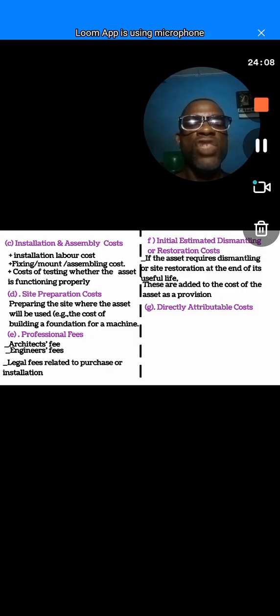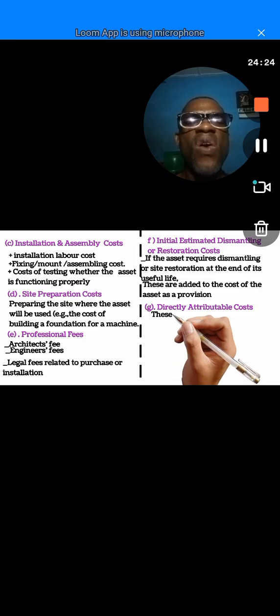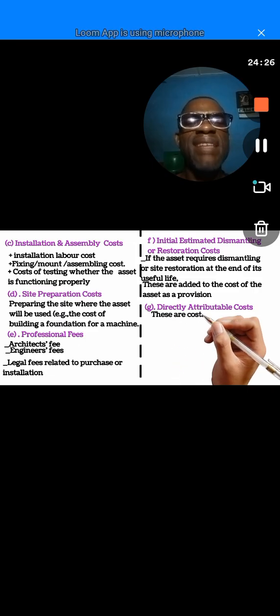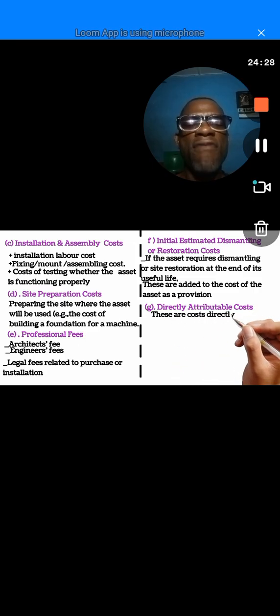The next one, that is G there, says directly attributable costs. What are the directly attributable costs? The directly attributable costs are costs like the cost of testing the fixed asset, whether it is in good condition.